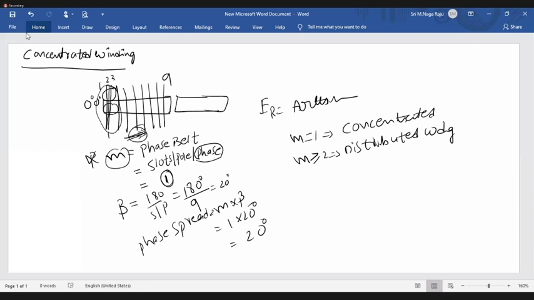In concentrated winding, all the conductors of one phase under one pole are placed in one slot. In this case, the phase belt equal to 1.